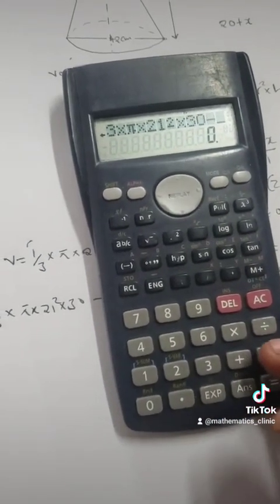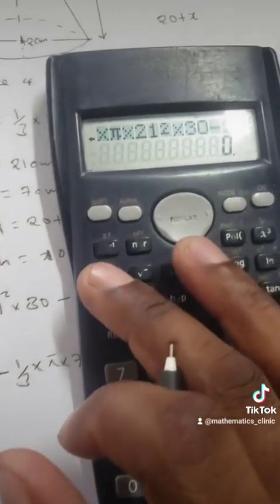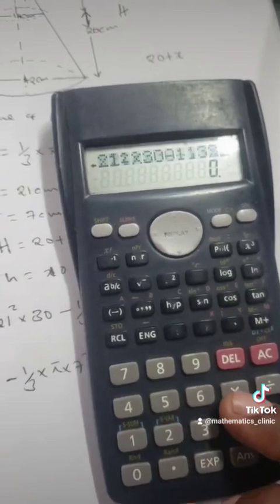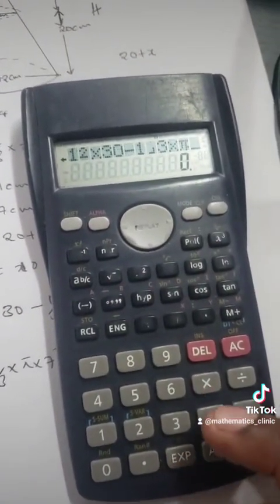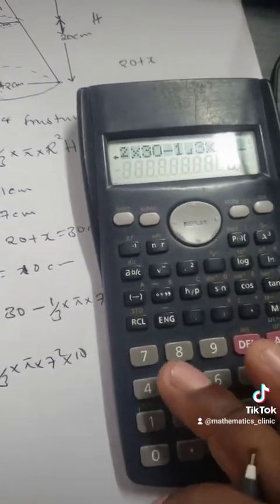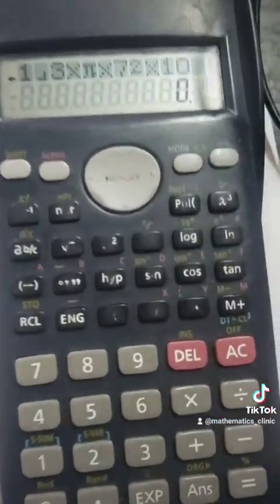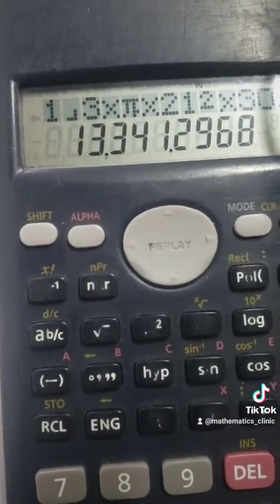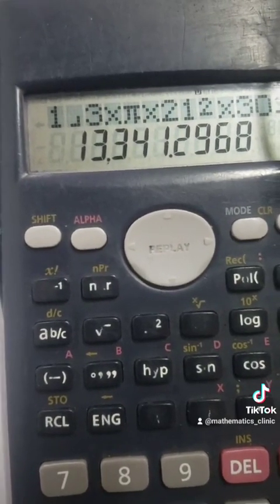There is a minus, then we have 1/3 times pi times 7 squared times 10. And our final answer will be 13,341.2968.